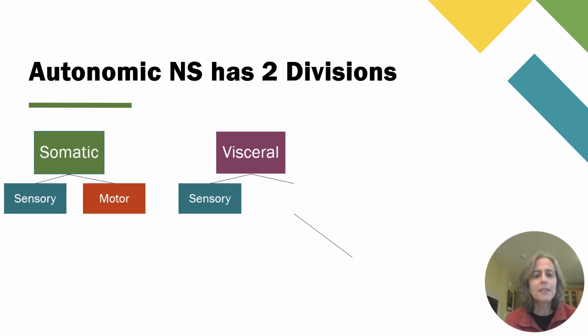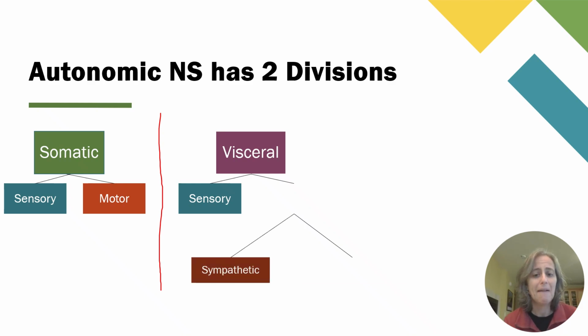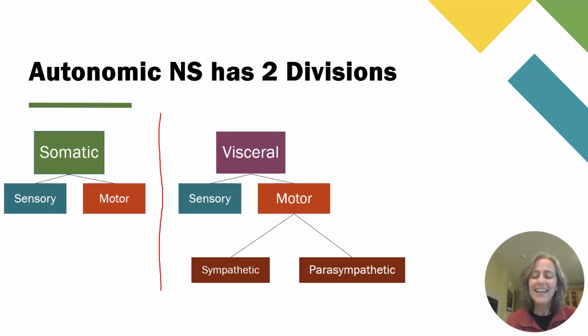So the autonomic nervous system has two divisions. Just reminding us, we already learned about our somatic things to the left of this line. So now we're talking about visceral. I talked a little bit about sensory, and it looks like I did a very bad job with animations here. Okay. So then the motor division has two different types.